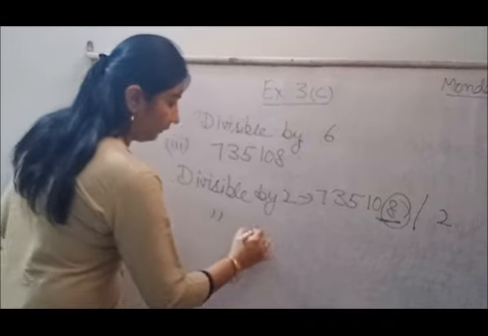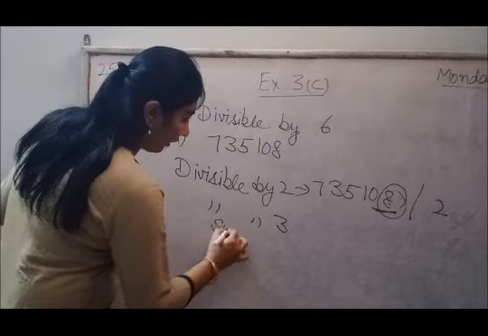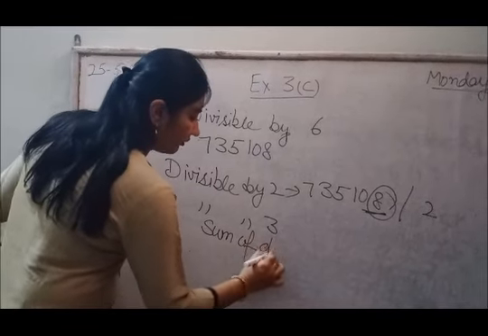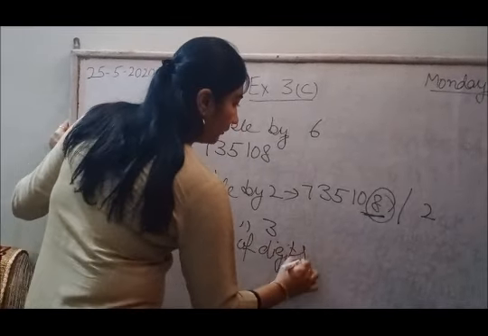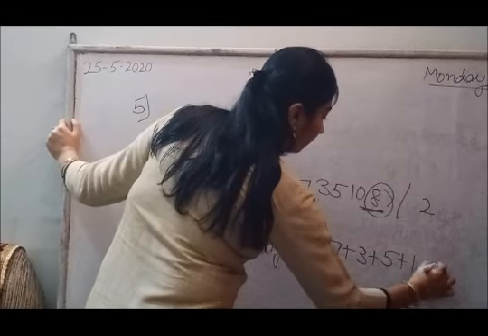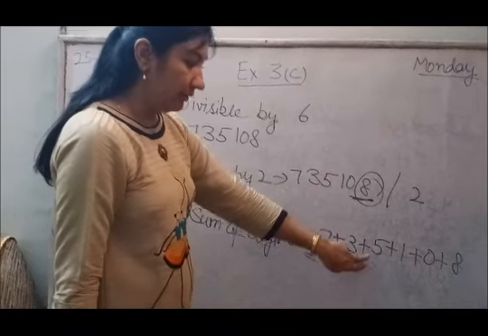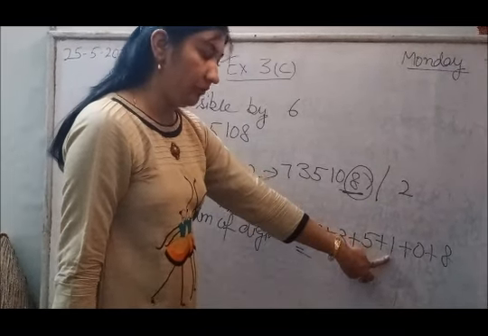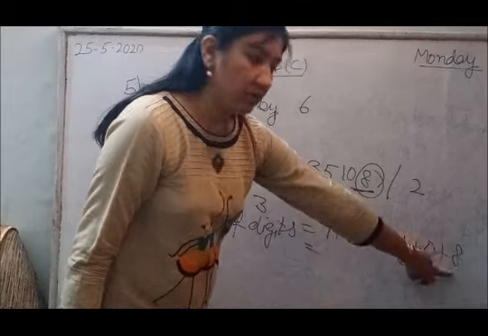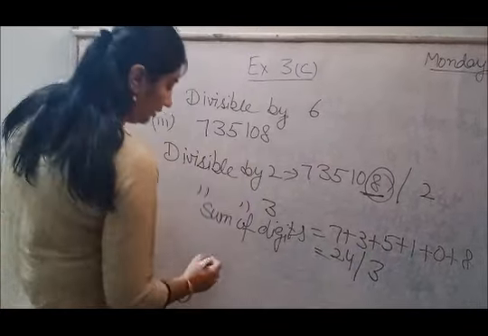Now for divisibility by 3. For divisibility by 3, what will you do? Sum of digits. It means 7 plus 3 plus 5 plus 1 plus 0 plus 8. 7 plus 3 is 10, plus 5 is 15, plus 1 is 16, plus 8 is 24. 24 is divisible by 3.